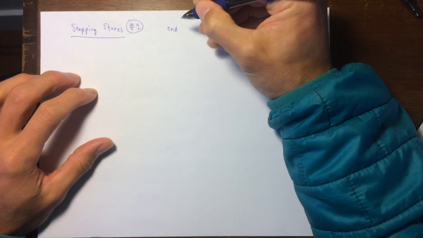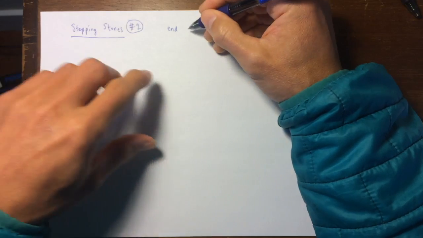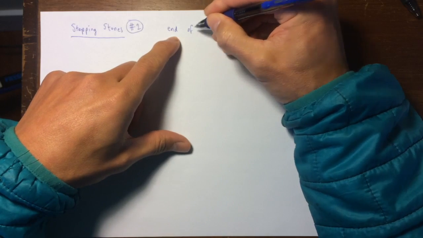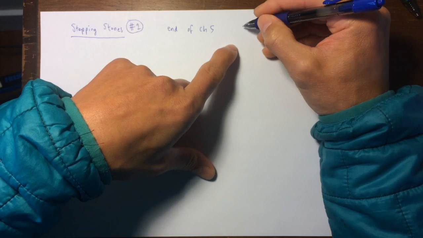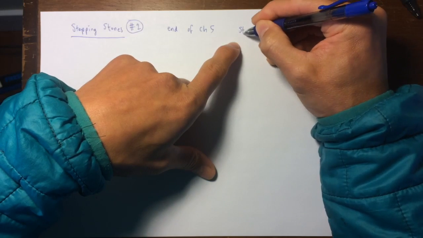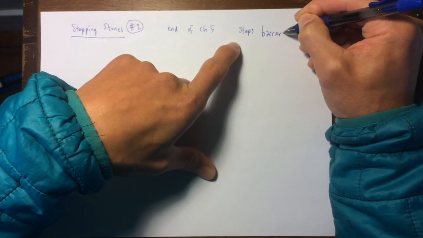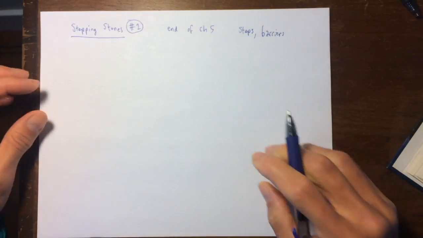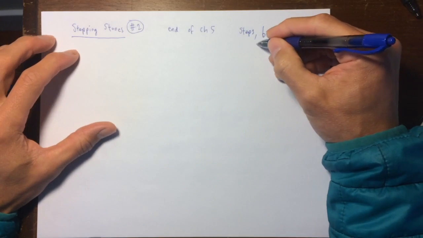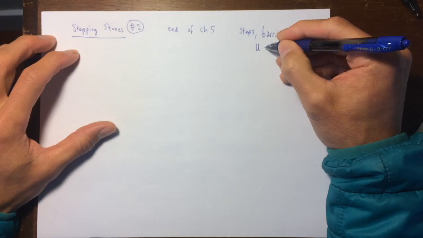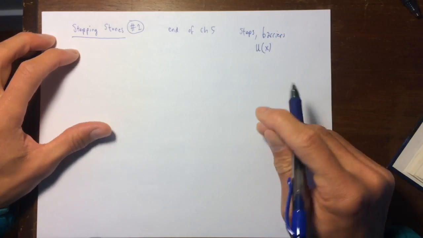What you're currently working on are issues that are brought up at the end of chapter 5. The issues are what are called potential steps and barriers. These just refer to particular values or particular functions, U of x.